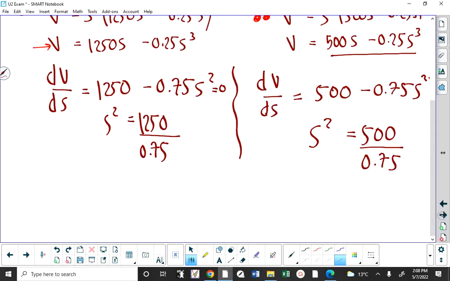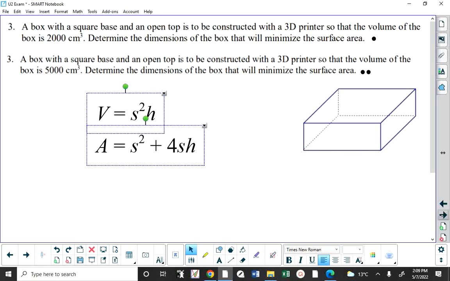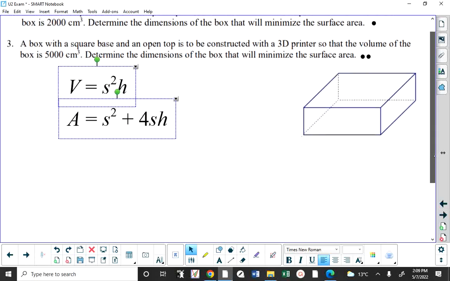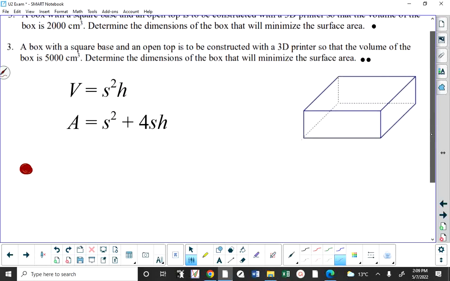I have one more question to go over, and that's the square base open top box with a fixed volume. What you want to do here is minimize the surface area. So the difference is, and I'm going to structure this side by side, that in version 1, you have a fixed volume of 2,000.